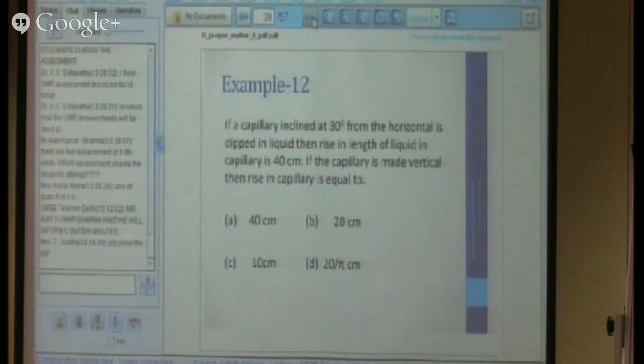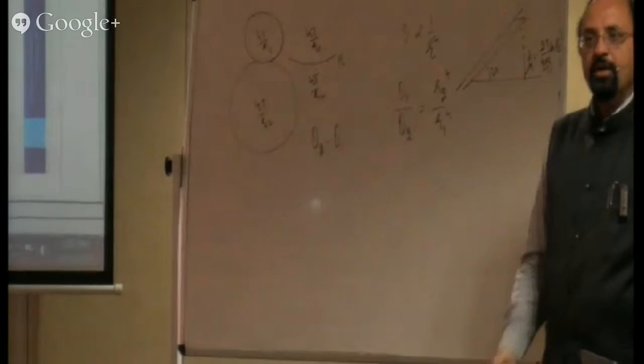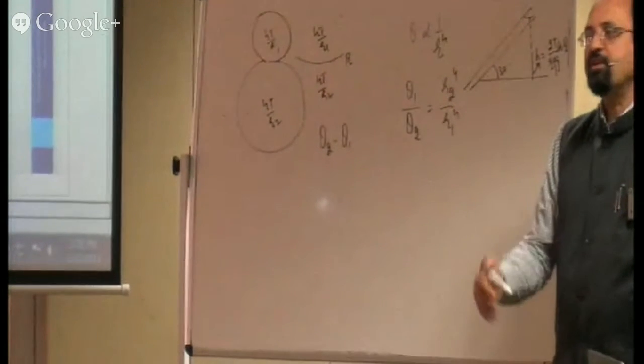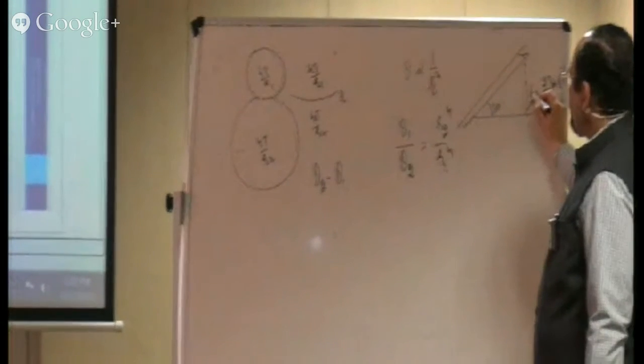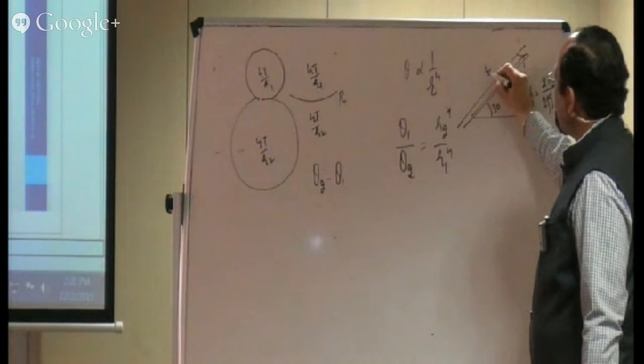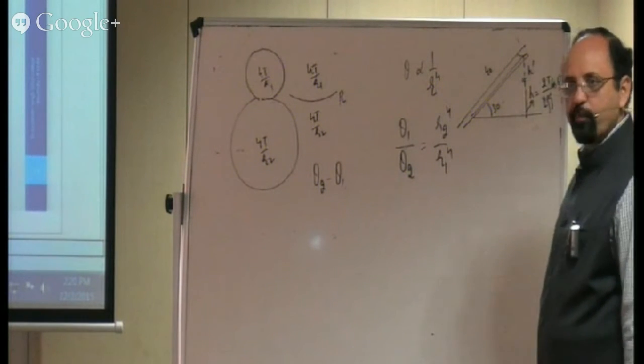Why? Because it's the pressure difference which is caused by the gravity. From that equilibrium, we actually got this equation. So this h is not the length along the capillary, it is a vertical length which is taken from the surface of the liquid. So if this length is 40 centimeter, obviously this distance, let me put this as h dash.